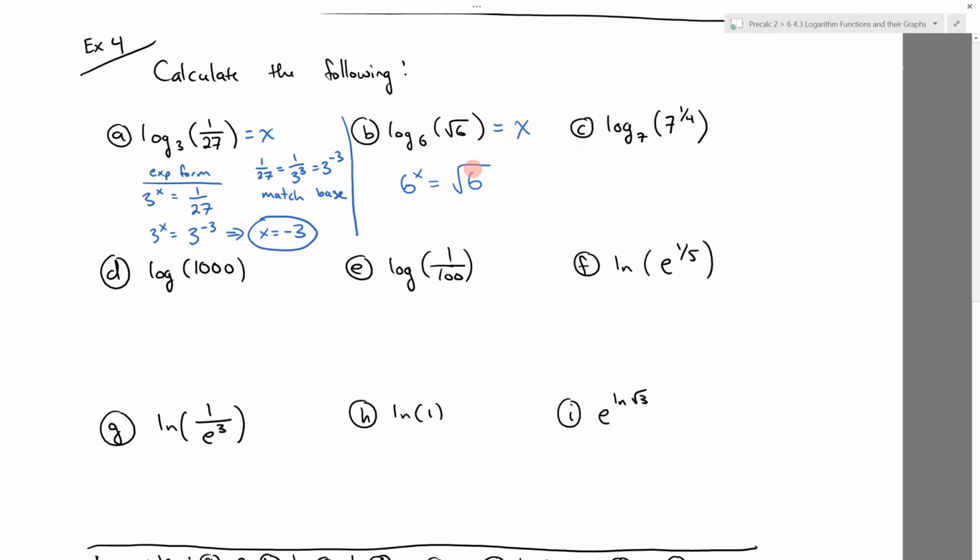Well, the square root means it's to the 1/2 power. Right, so this means that 6 to the x is equal to square root of 6, again 6 to the 1/2 power. Right, so the bases are matched. And so that means the exponents have to be the same. So x has to be 1/2.